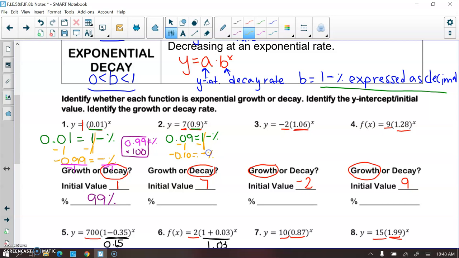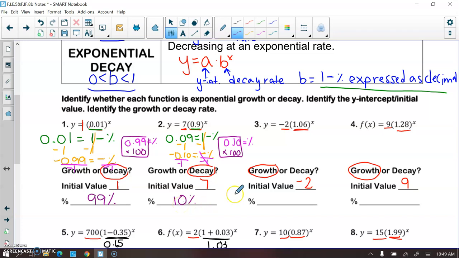And that equals my negative percent expressed as a decimal. I'm now going to divide by negative 1 on both sides. And I get my percent expressed as a decimal to be 0.10. Percent means out of 100, so I need to multiply by 100 to put this in percentage form. I don't want it in decimal form. And a 0.10 times 100 is a 10%.